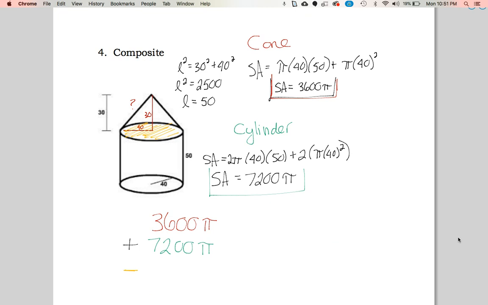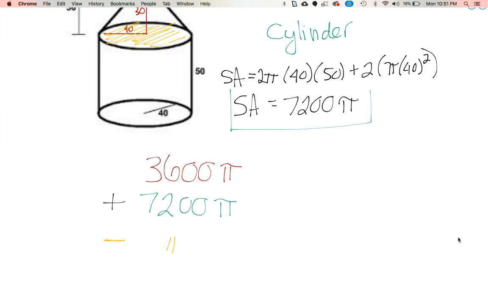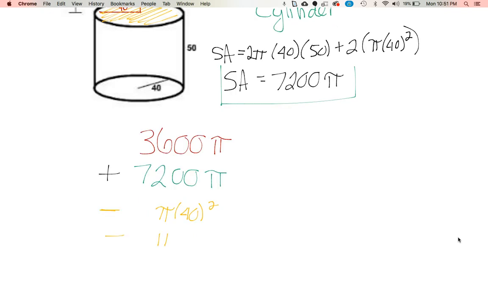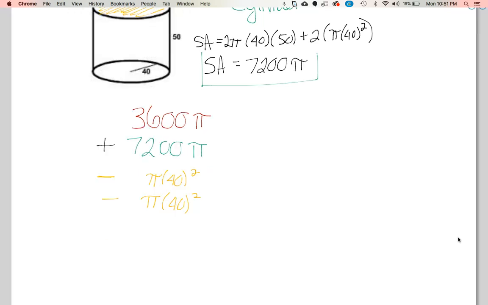So we're going to subtract away that circle, which is pi r squared, and we're going to subtract it away twice. So if you want to rewrite this, this is really subtracting away 1,600 pi twice, or 3,200 pi.